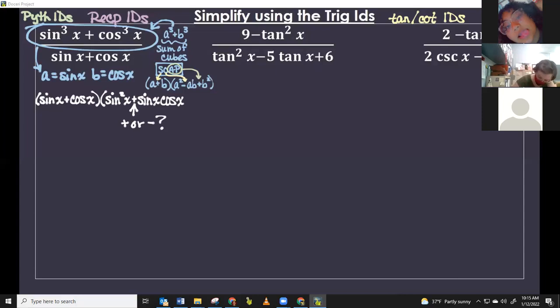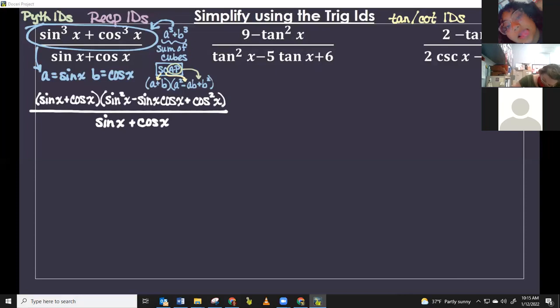Needs to be a minus there, absolutely. Because remember, it's always the opposite sign there. But then at the end, it's always positive. So cosine squared x, all over that denominator, sine x plus cosine x.